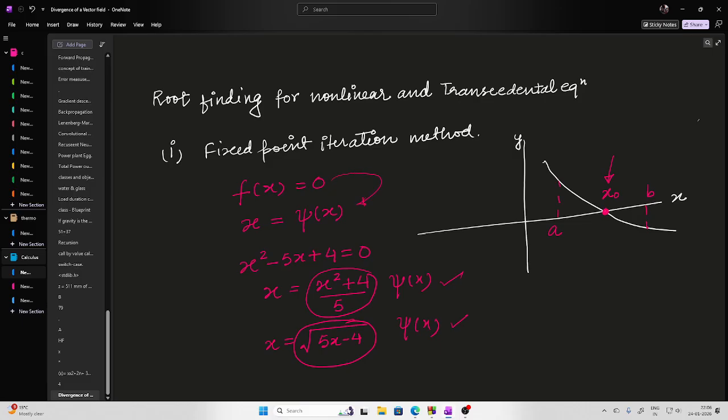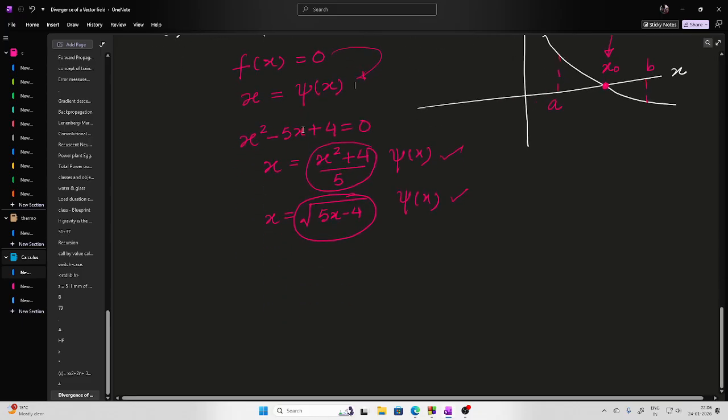Once you have done it, because this particular method doesn't guarantee you the solution, you can check the derivative of this function and find the absolute value of this derivative.